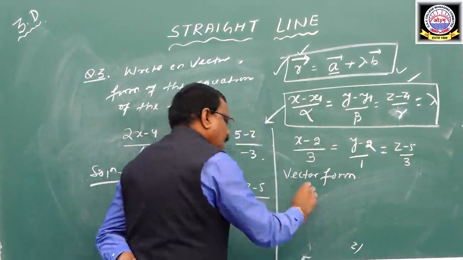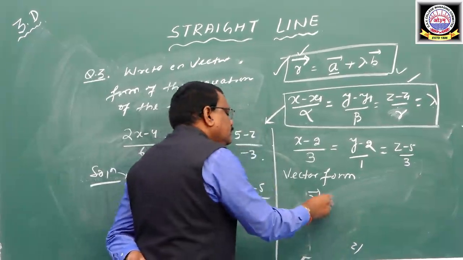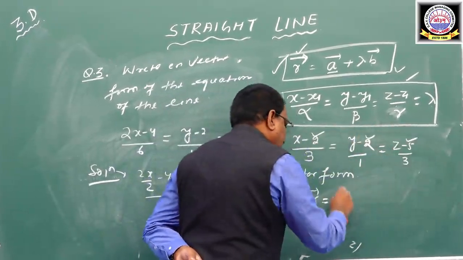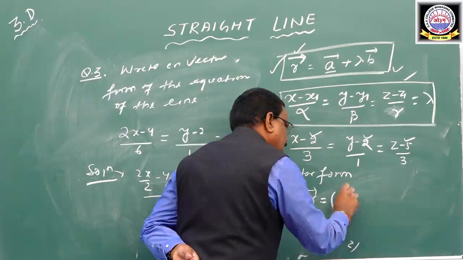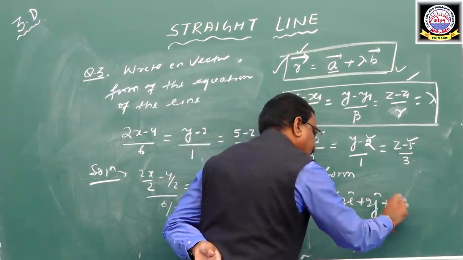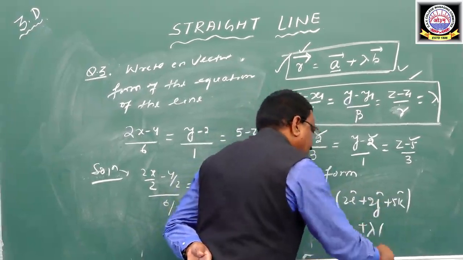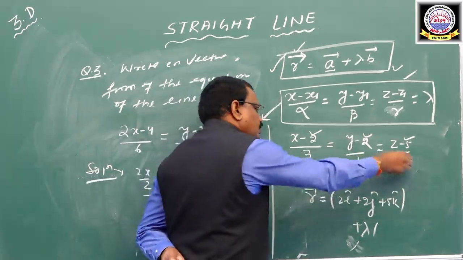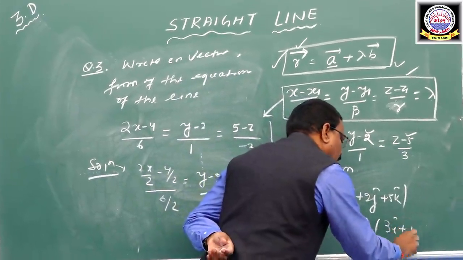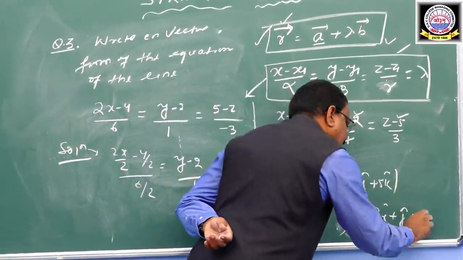Vector form, r vector is equal to a, means x1, y1, z1. So that is equal to 2i plus 2j plus 5k plus lambda times b. B means denominator, that is 3i plus j plus 3k.